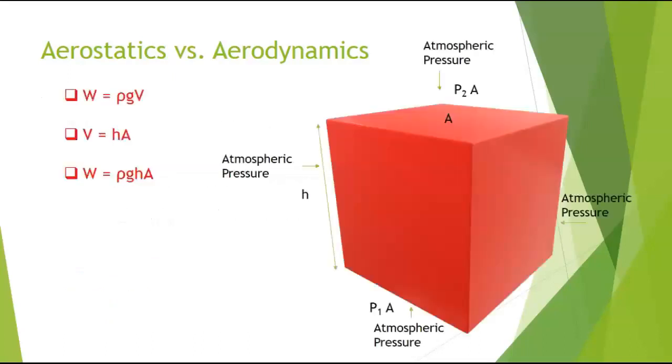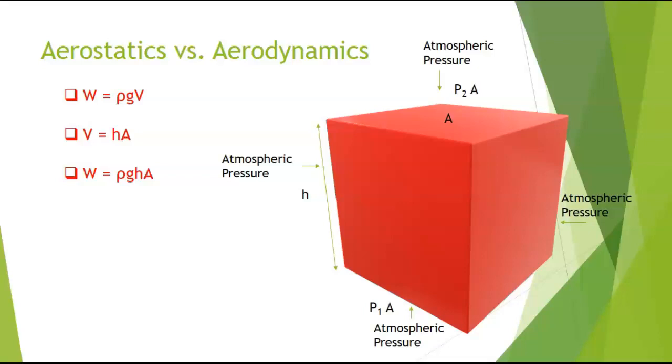So let's just imagine that this square is a balloon for simplicity's sake. And again, weight equals rho, or density times gravity times volume. Volume equals h, which is the height of the balloon, times a, which is the area.